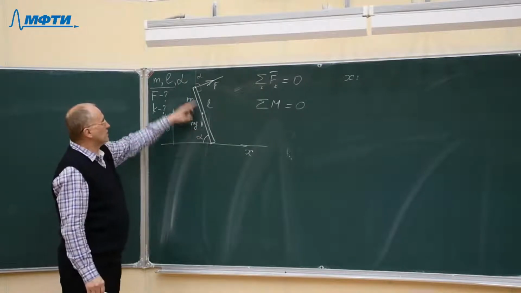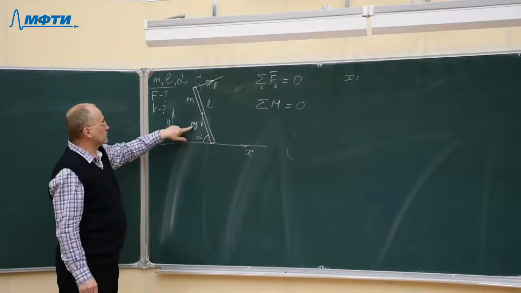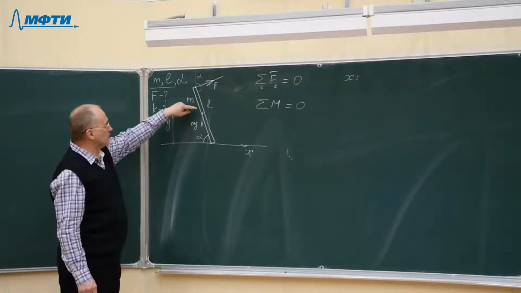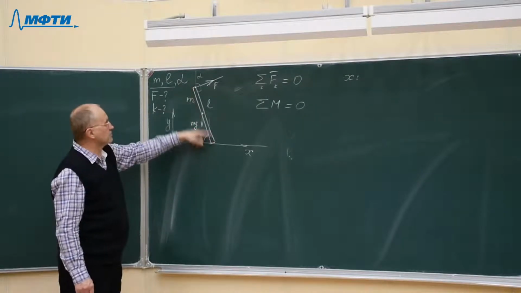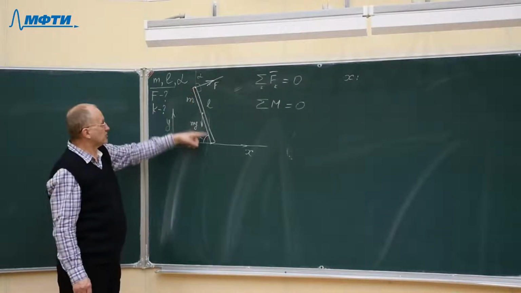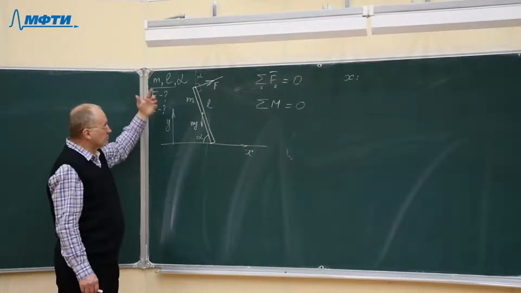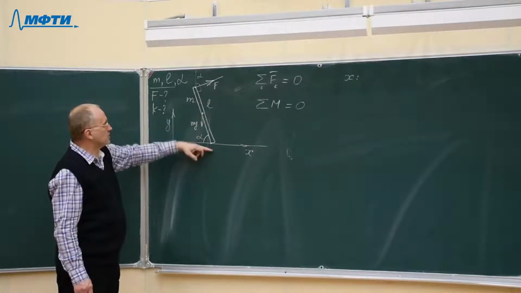If the rod is uniform, which is the case here, then the force of gravitational attraction will be applied to the center of this rod.